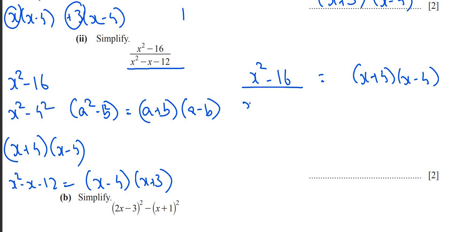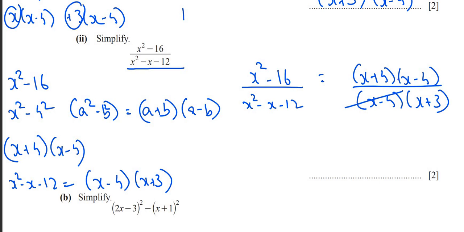And x square minus x minus 12 is actually going to be x minus 4 and x plus 3. X minus 4 cancelled. This becomes x plus 4 upon x plus 3. This is your answer. Okay.